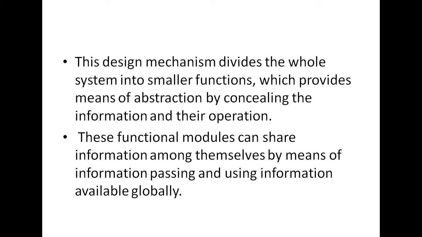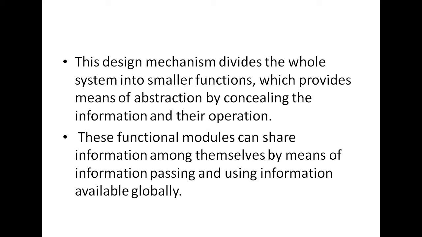And this function oriented design mechanism divides the whole system into small parts, and due to these small parts we achieve a good property that is known as the abstraction property, and due to this abstraction property, the information hiding, or you can say the data hiding feature, can be achieved.